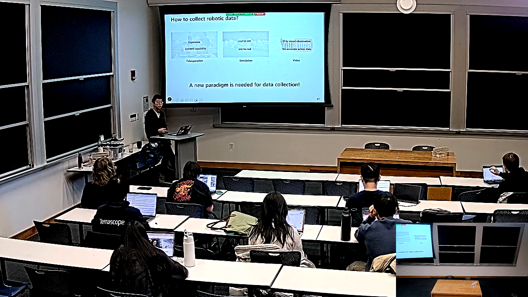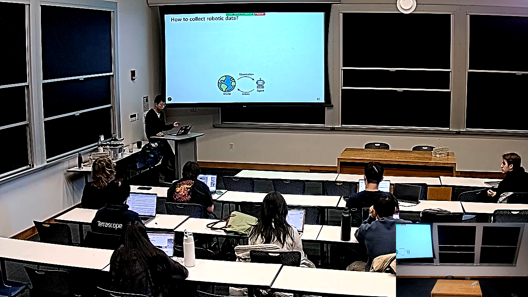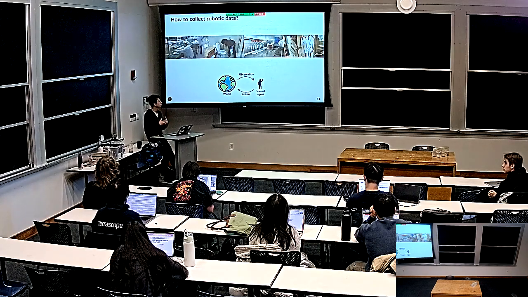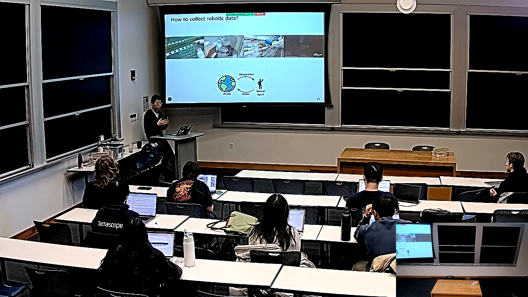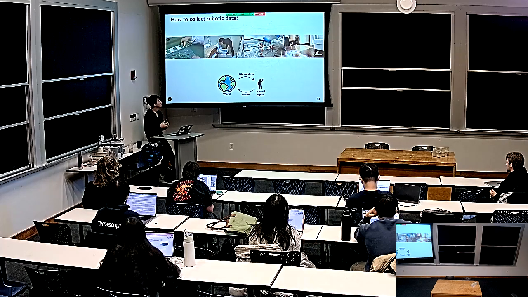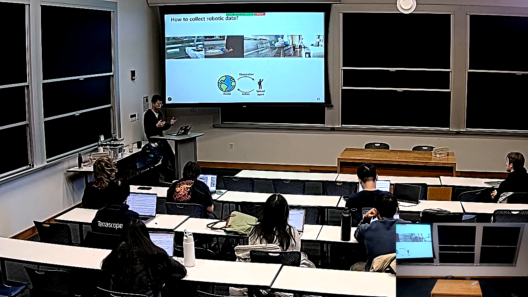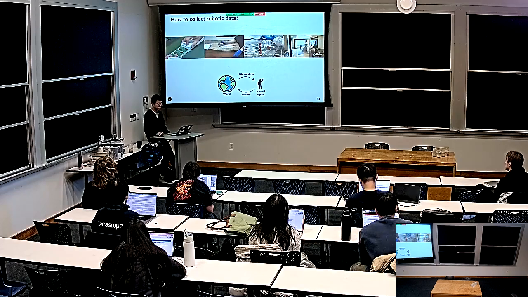So we actually need a new paradigm for data collection. And what is that? When we are talking about collecting observation and action data for agents, there's one kind of special agent, which is human. We are doing manipulation all day, every moment. We can go to the assembly line, we can do cleaning, we can do lab work, and all this data is generated, but it is just not recorded.